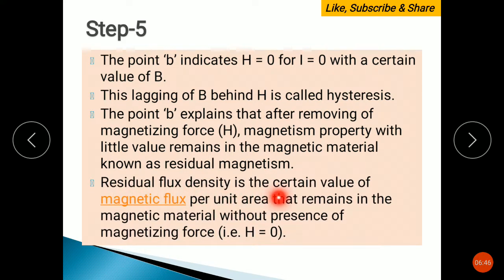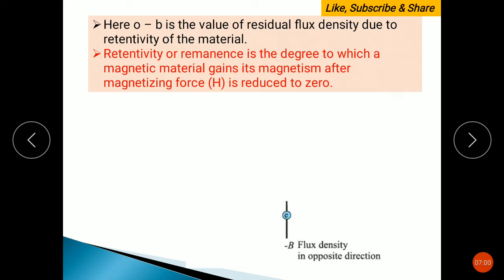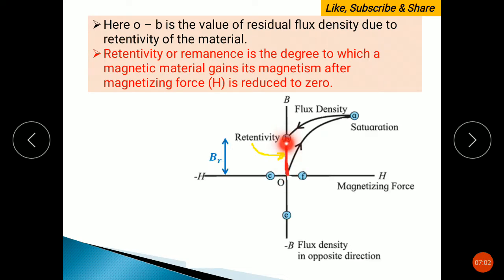And this residual magnetism is the certain value of magnetic field, that is, magnetic flux per unit area, that remains in the magnetic material without the presence of magnetizing force, that is H equal to 0. This value of residual flux density we call the retentivity of the material.